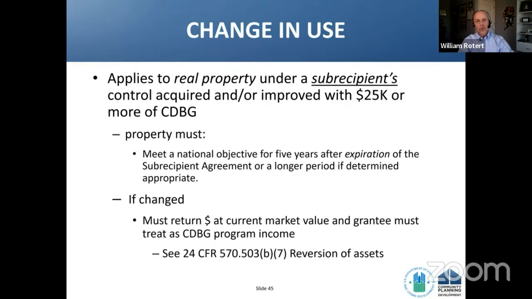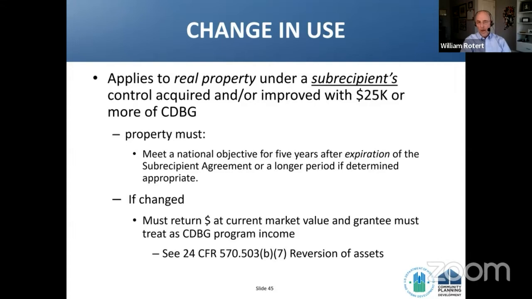Okay, change in use. We understand that circumstances can change from the time you carry out a particular project or activity to years later. Circumstances change, and the rules in CDBG give you some flexibility in this regard, and we simply wanted to explain that to you.